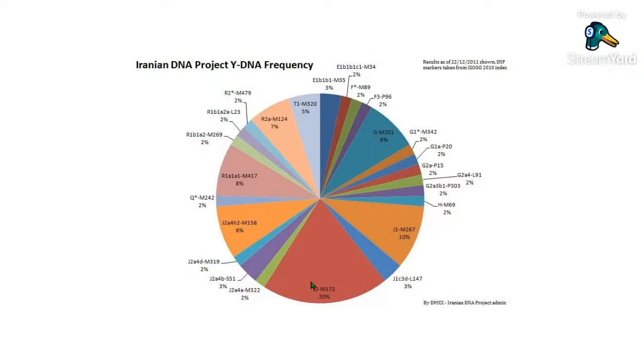So if you add to that some of this J1, which is probably Israel, maybe this amount here of J1 is actually Israel because Aaron is a J1.